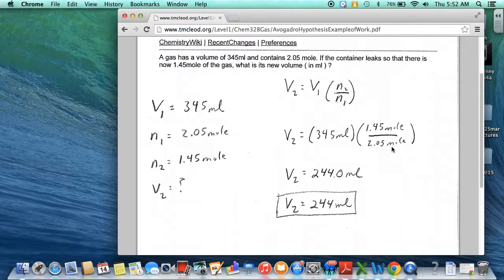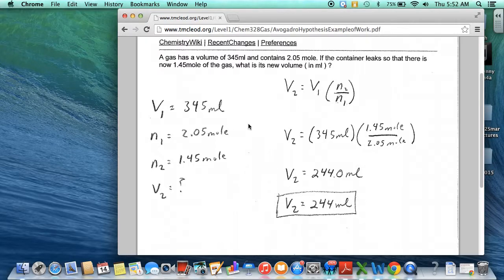So now you plug it in. Your moles are going to cancel, okay? And it's in milliliters, and they ask for milliliters. So you get your answer in milliliters, and then you get the number of significant figures. If they said what's the new volume in liters, you could do that one or two ways. You could have changed it right here into liters and plugged it in, or you could get the answer, of course, with one more significant figure in milliliters, change it into liters, and then put it into one significant figure.